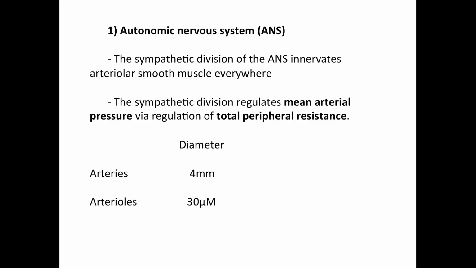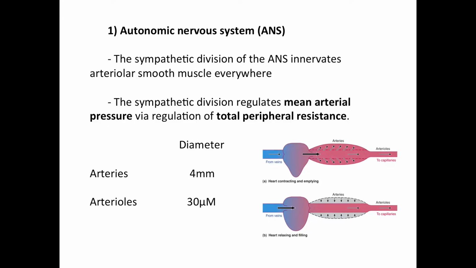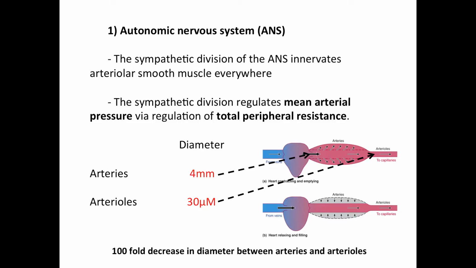Remember these two numbers? The average diameter of arteries, 4 millimeters. The average diameter of arterioles is about 30 micrometers. And now let's look at our little artery and arteriole model. So the average artery diameter is much larger than the average arteriolar diameter, about a factor of 100.